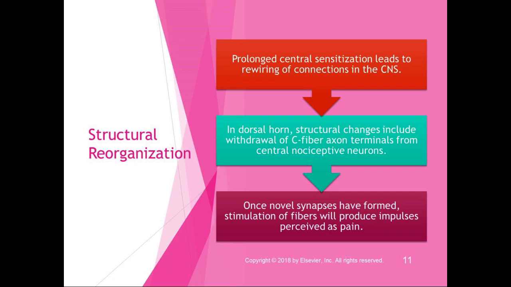So overall, you have initial and ongoing excessive excitability of those central nociceptive neurons. So it really is sort of a bad situation because now you have systems that used to work to reduce pain are now working to increase pain.